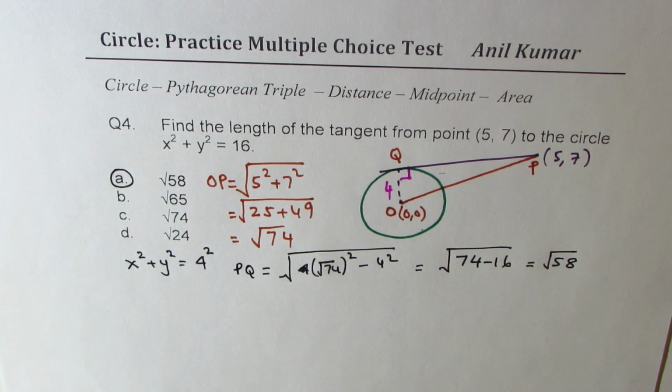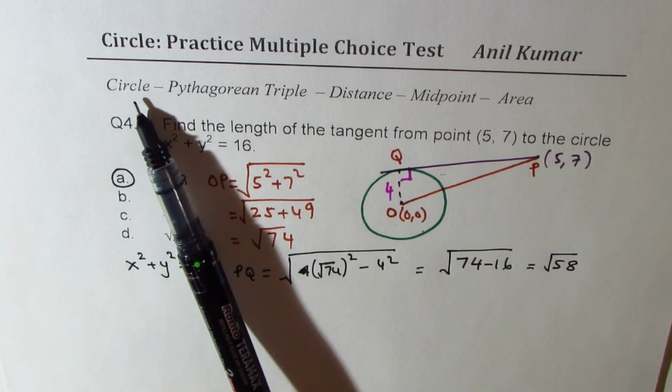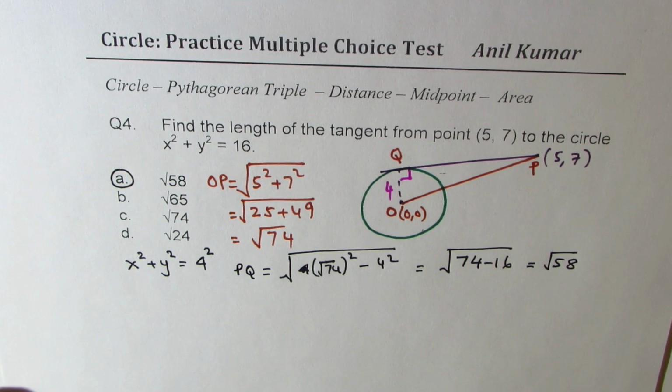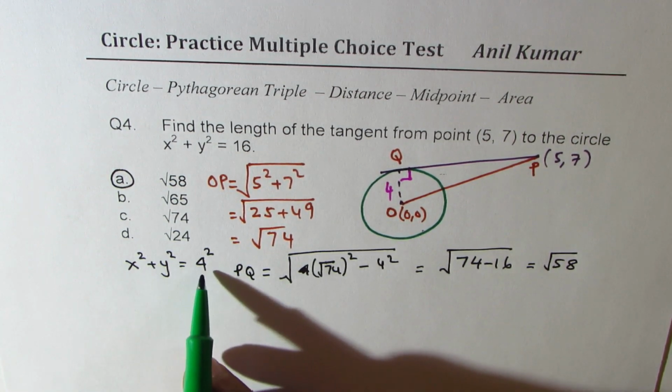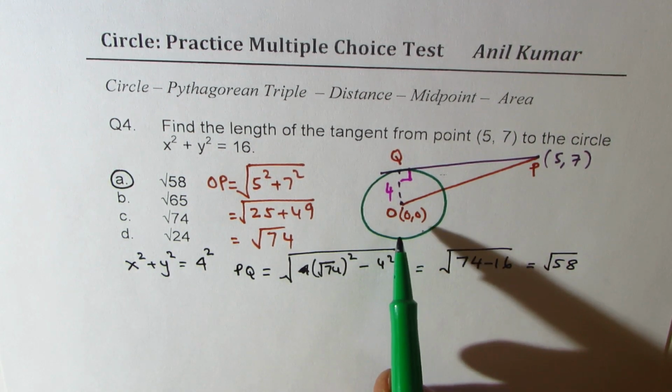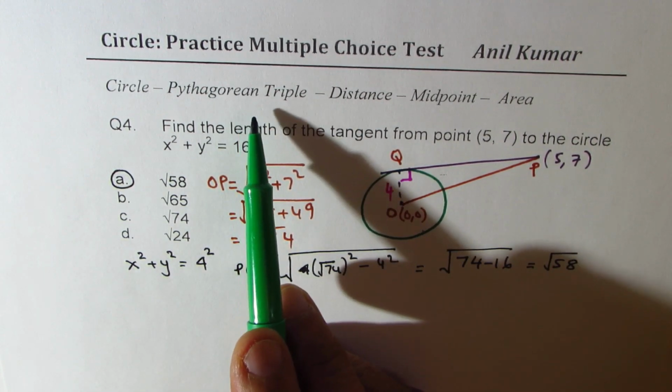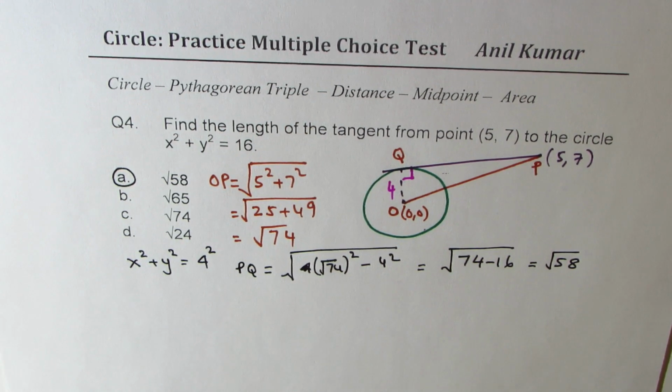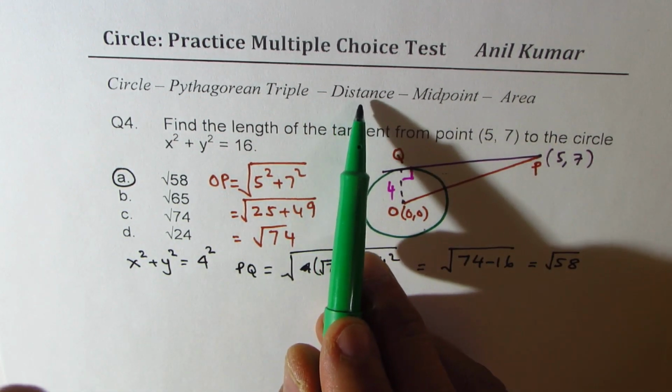So you notice that we have taken examples of circles. We have learned that the circle equation could be given by x squared plus y squared equals r squared. And most of these questions can be solved using the Pythagorean theorem. And if you remember some Pythagorean triples, it becomes much simpler. And also the distance formula.